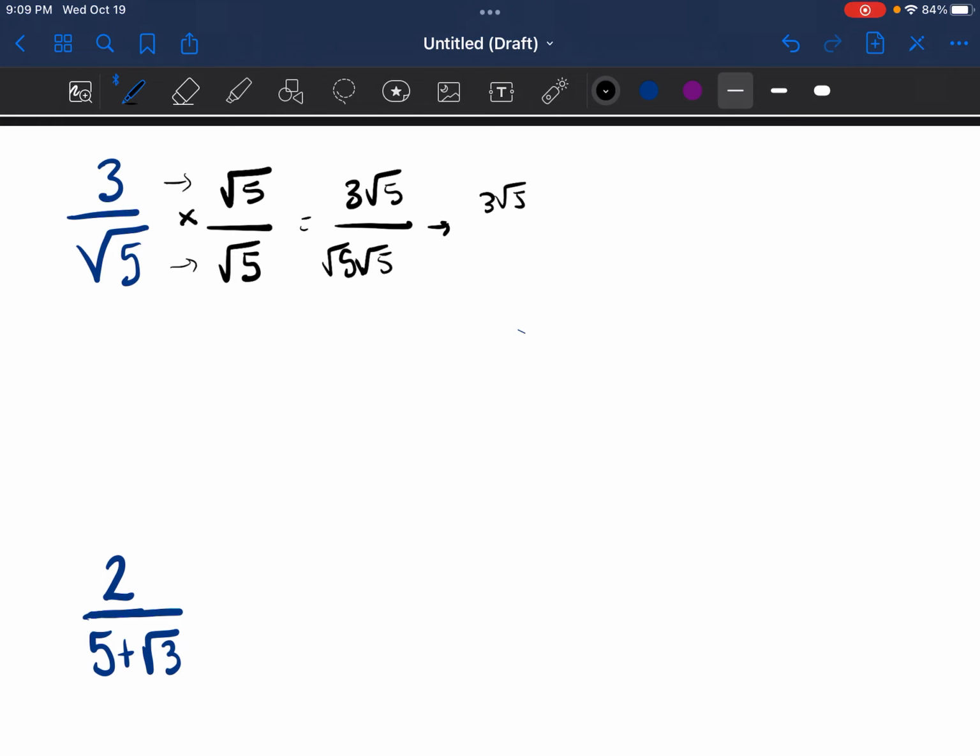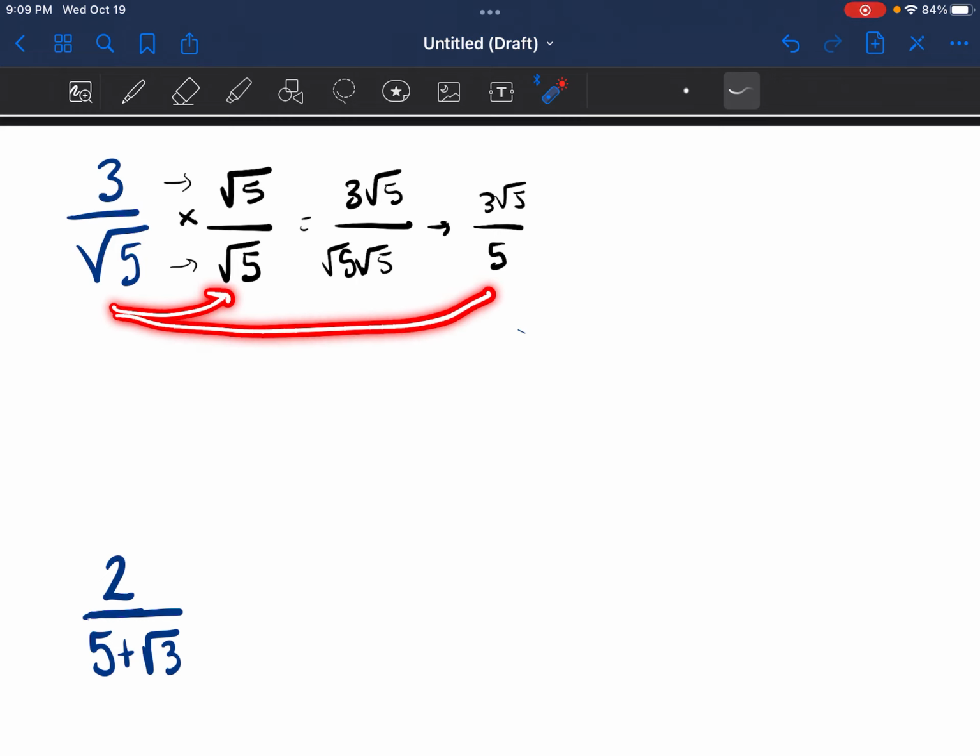What's square root of 5 times square root of 5? Well, that's just 5. So now you can see why we multiply by that value, because at the end, we're going to be able to get rid of that square root symbol and have a rational denominator.